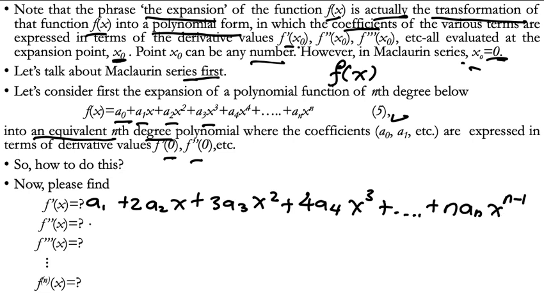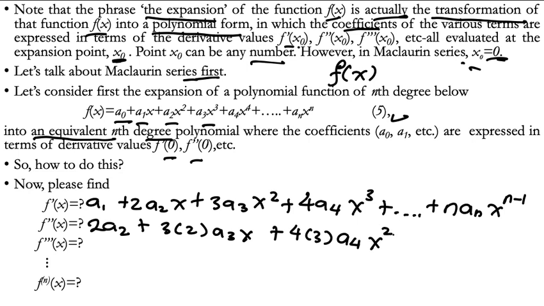For the second derivative, we have 2a2, plus 3 times 2 a3x, plus 4 times 3 a4x squared, plus, until here, n times n minus 1 an x to the n minus 2.